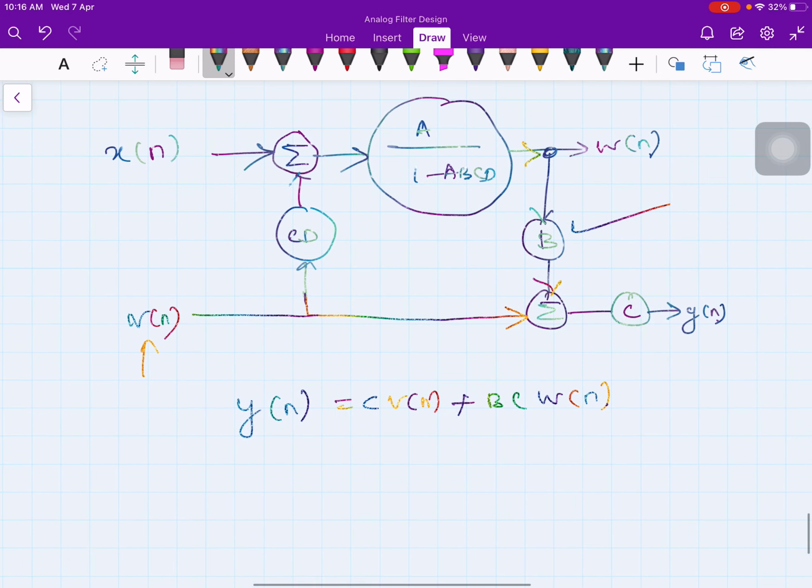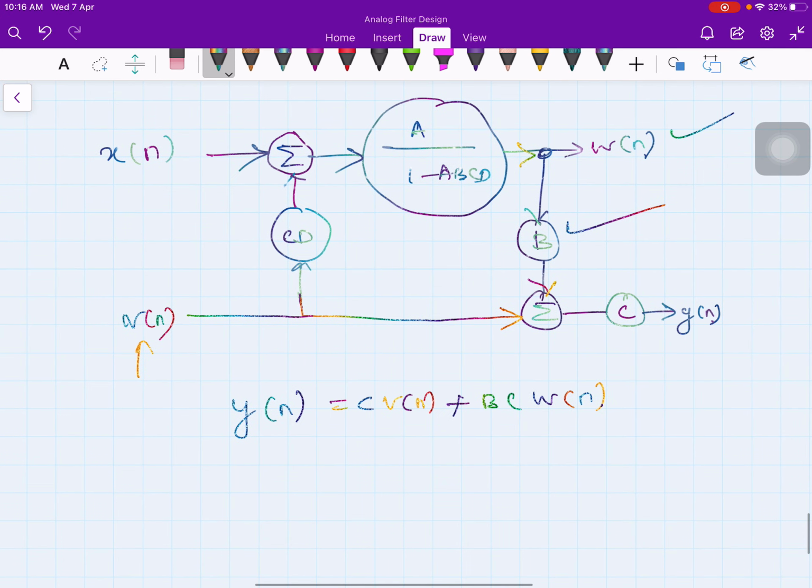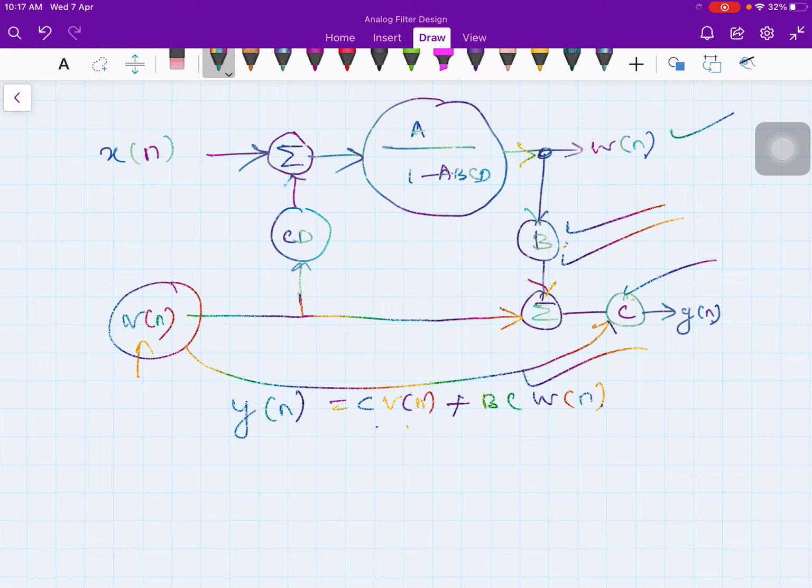Okay, see this w of n is here, the w of n is multiplied by b and then c, so I got this one, no problem, no issues. And then c times v of n, I have v of n, and this v of n is multiplied by c. The only thing is I modified w of n. Now you see in this diagram there is no loop.